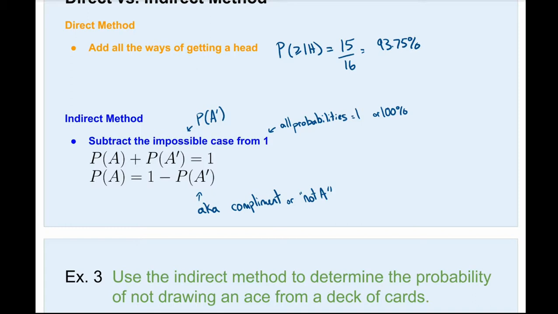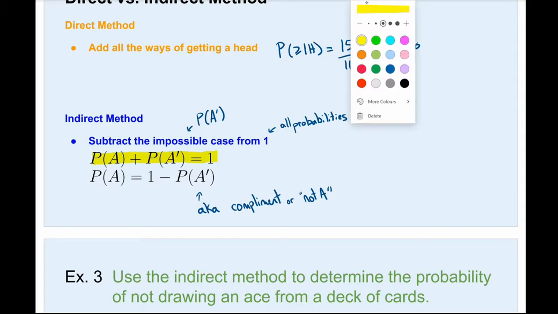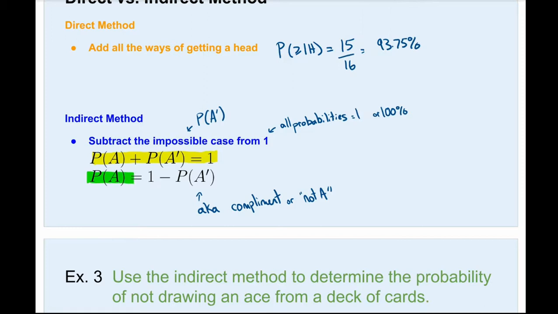So in this case, if all probabilities have to add up to 1 or 100%, then if we look at the first equation here, the probability of what we're looking for plus the probability of what we're not looking for, so every other possible outcome, that would have to equal 1. We use our algebra, rearrange the equation, solve for what we're actually looking for, the probability of A. It's 1 minus the probability of not A.